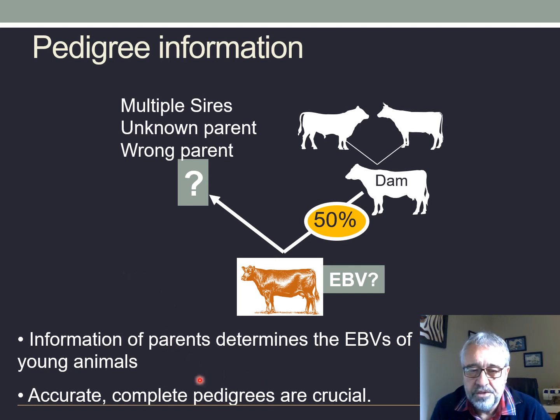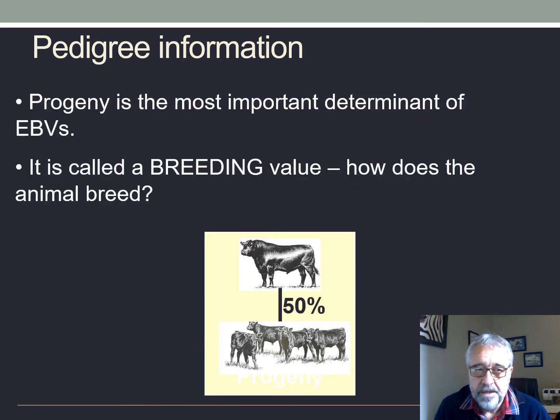So it's crucial that complete and accurate pedigree information is used in the prediction of genetic merit or breeding value predictions. Obviously, if we talk about the breeding value, we talk about the value of an animal as a parent.